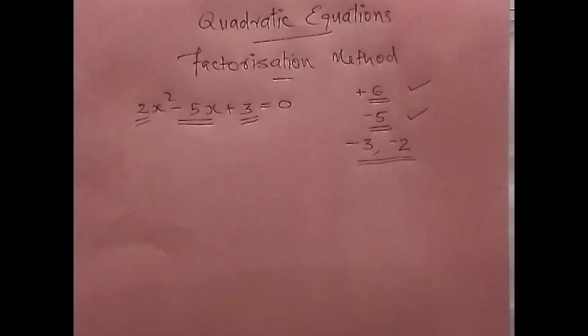It is not possible that one number is positive and the other is negative, because in that case the product also will be negative. Here we know that the product is positive, so either both numbers are positive or both are negative. So that is the first thing.